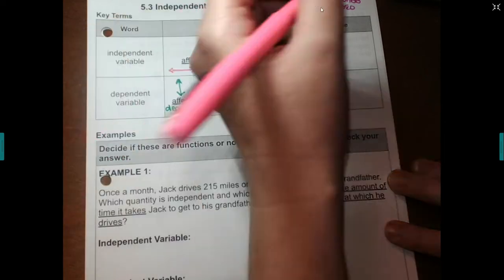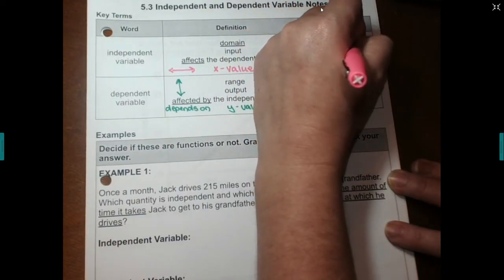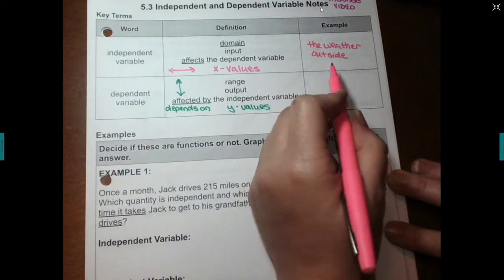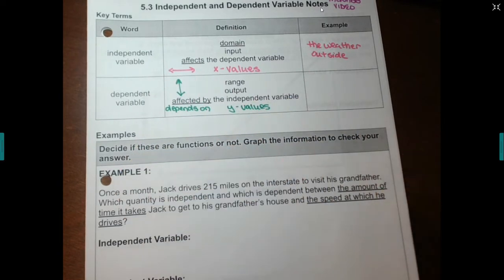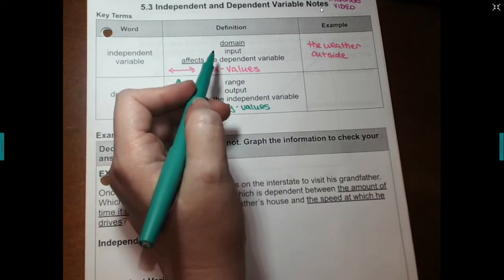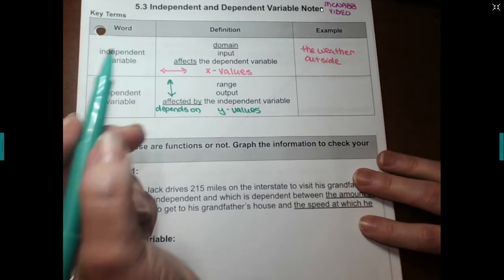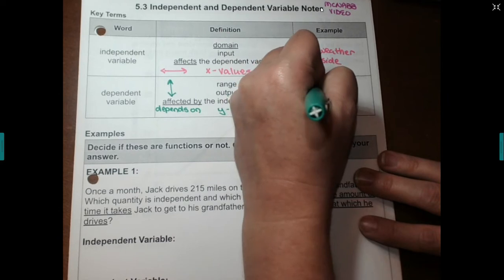So I could say that the weather outside is my independent variable. My dependent variable, what depends on that, what relies on that, what is the output once I know my input of the weather outside, once I wake up in the morning and check the weather or whatever I do, then my output is, a lot of times, what clothes I wear.